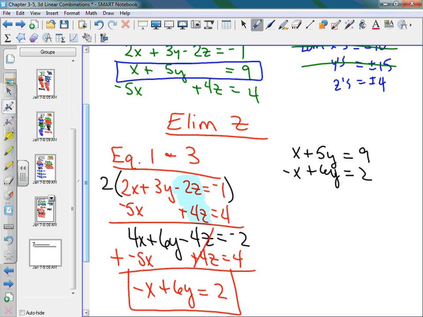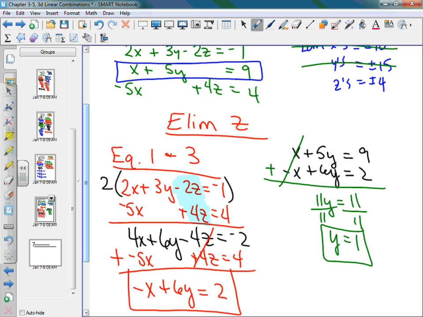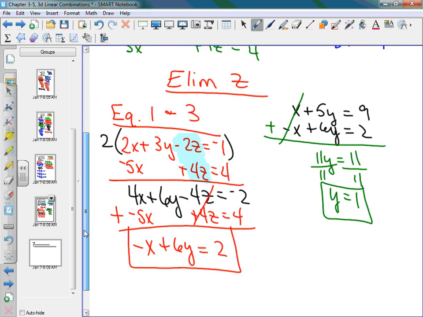Elimination, because if you look at your x's, I have a positive 1 and I have a -1. So if I add them straight down, my x's cancel out and I have 11y is equal to 11. And what do you do? Divide by 11, so y is equal to 1. So now that I found y, what can I do?